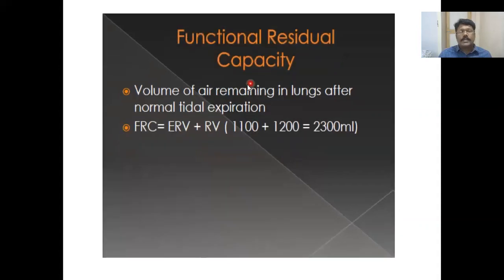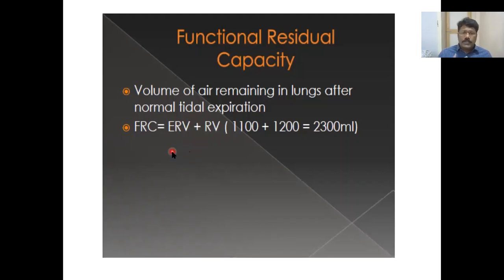Next one is the functional residual capacity. The functional residual capacity, FRC, means the volume of air remaining in the lungs after a normal tidal expiration. That means FRC is equal to ERV plus residual volume.